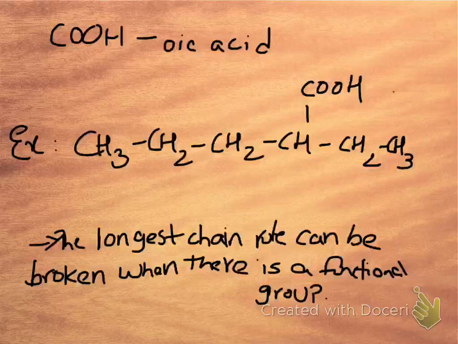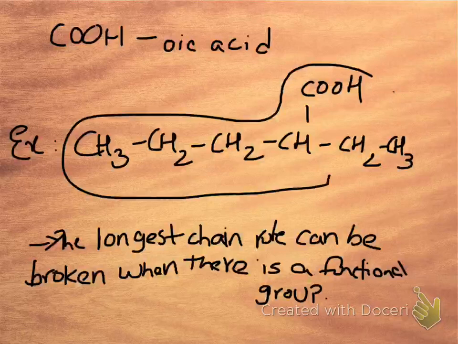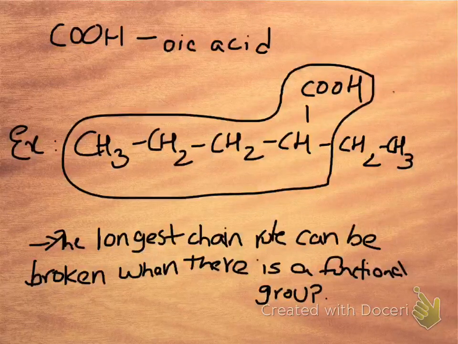So this means our chain will be this one. Whenever the functional group is given, the chain should include it, and this results in the breaking of the longest chain rule. So this is our chain now.